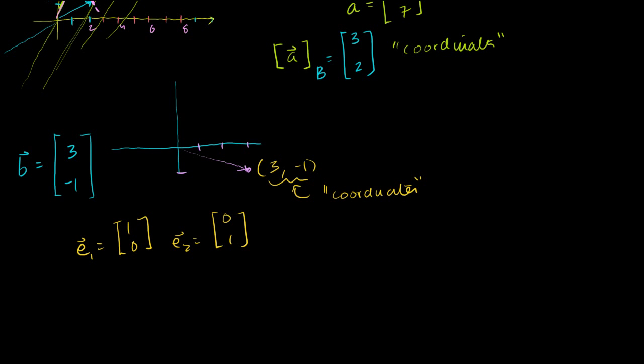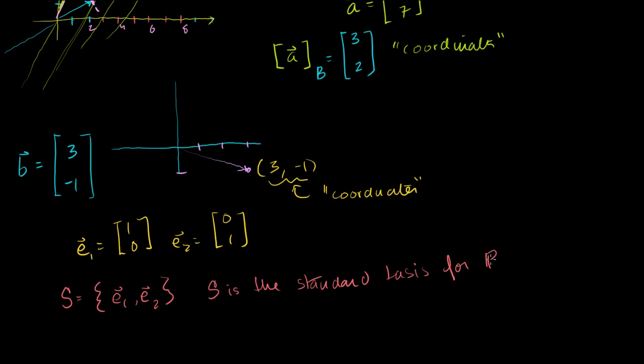And so we could say, if we call S equal to the set of e1 and e2, then we say that S is the standard basis for R2. And it's the standard basis because these two guys are orthogonal. This is 1 in the horizontal direction, this is 1 in the vertical direction.